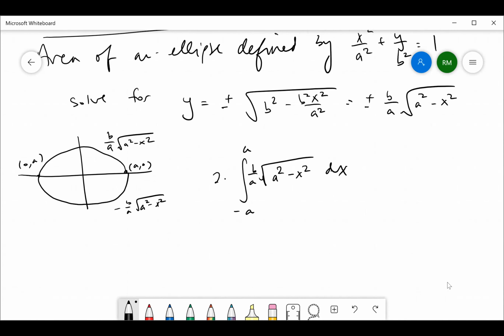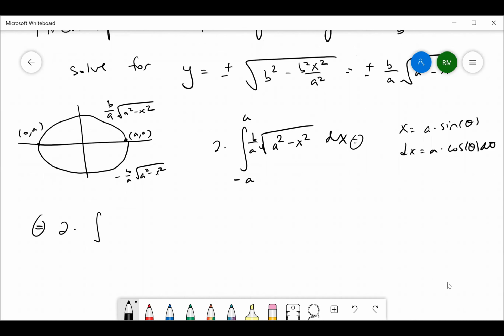So how could we find such an integral? Well, we need to use trig substitution, where x is a times the sine of theta, and dx is a cosine of theta d theta. We substitute this in.